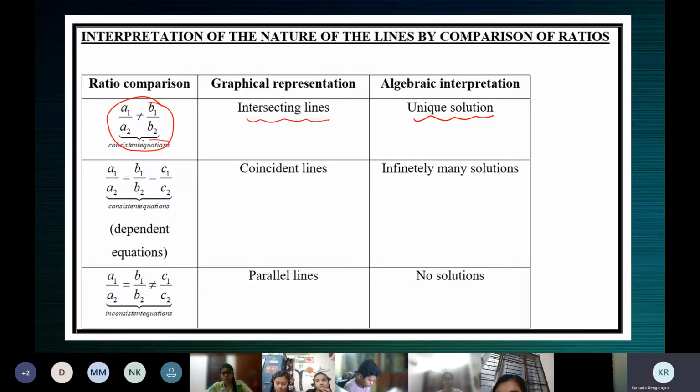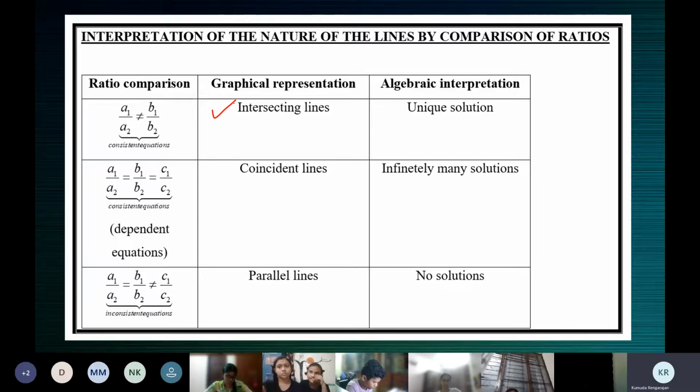See here, consistent equations represent intersecting lines or coincident lines. Intersecting lines means unique solution. Coincident lines means infinitely many solutions.